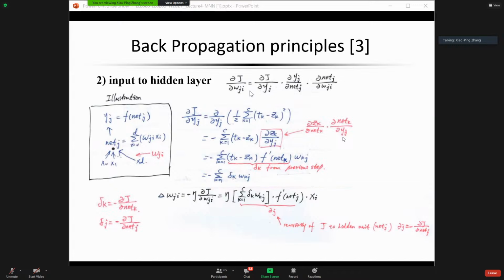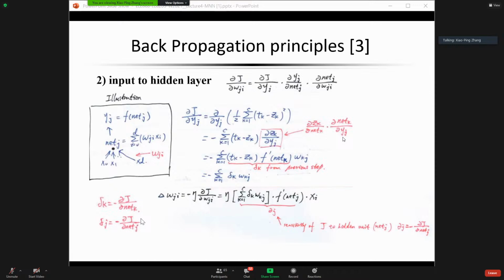And in the first layer, right, it's eta times this. Then this whole thing is delta K, because this delta K is partial J by this. Delta J is basically this. Okay.